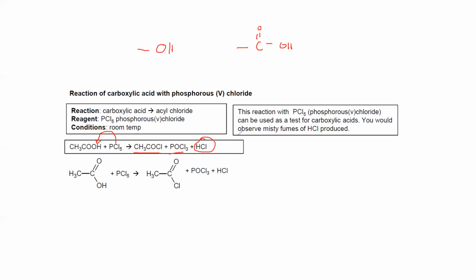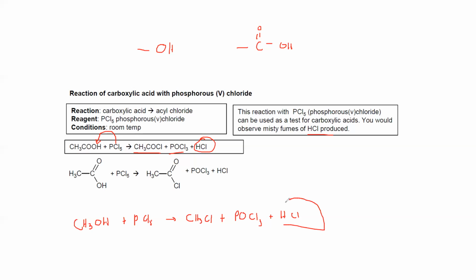So whenever HCl is there, this will result in the formation of misty fumes. Even a normal alcohol, like methanol, reacted with PCl5 will give chloromethane plus PCl3 plus HCl, resulting in the formation of misty fumes.